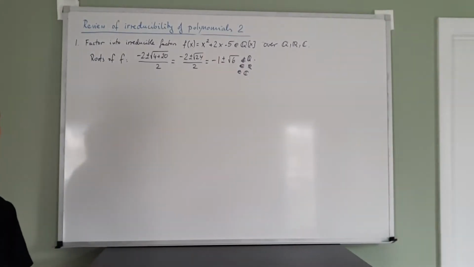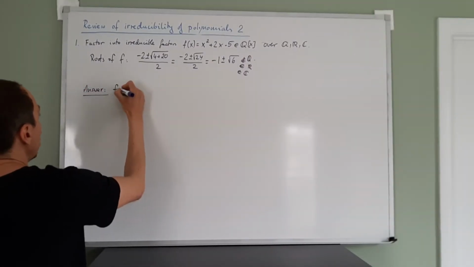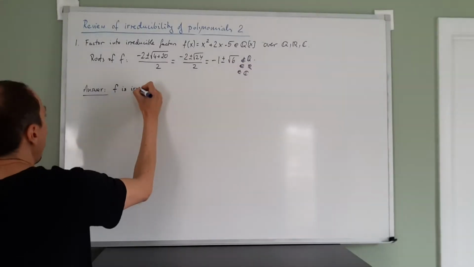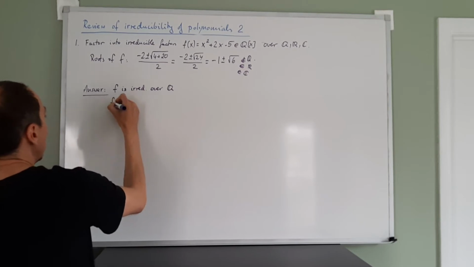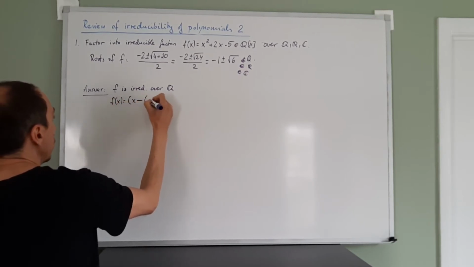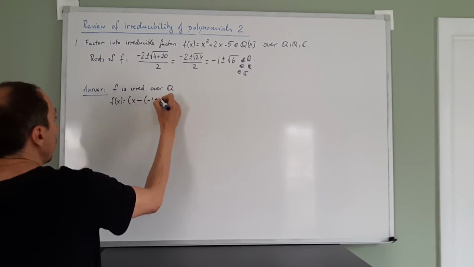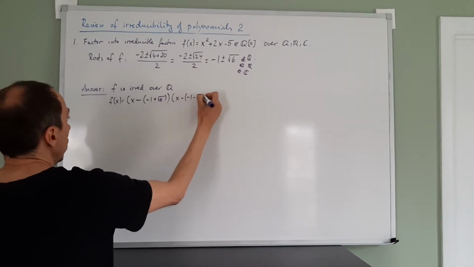Okay, so having this, I know that a degree 2 polynomial is irreducible if and only if it has no roots, so I have an answer that tells me that f is irreducible over Q, and f factors as x minus 1 plus radical 6 and x minus 1 minus radical 6.